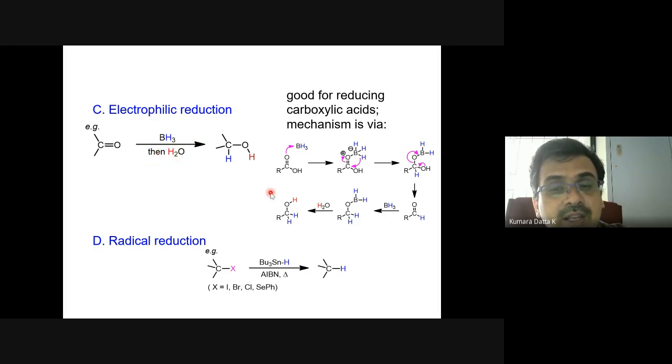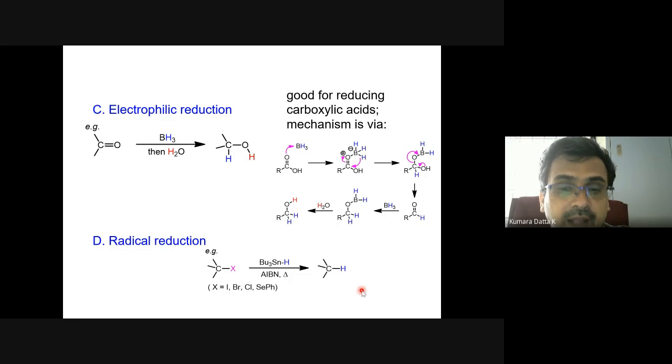Even here, you can see how the electrophilic center of boron anchors to the negatively charged oxygen, and they add, followed by the final step, reducing ketones, or any carbonyl compounds, into alcohols. And this is the mechanism by which the reaction follows.